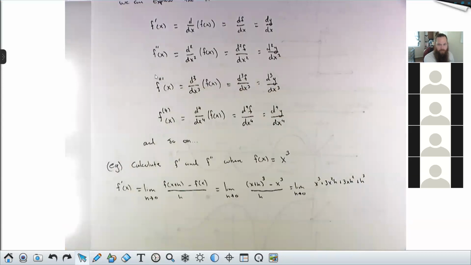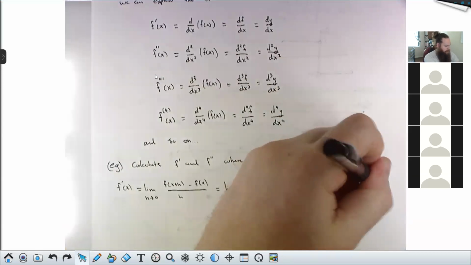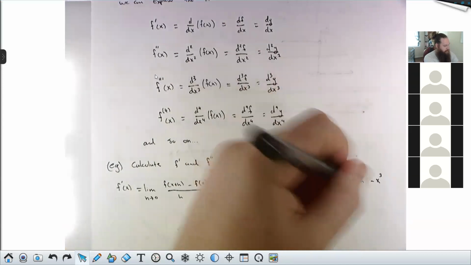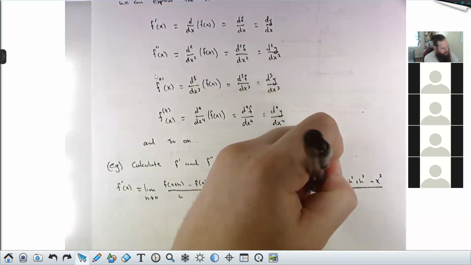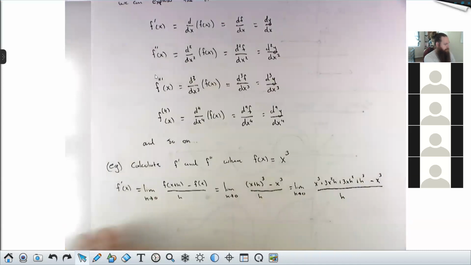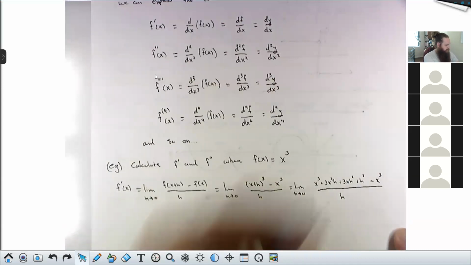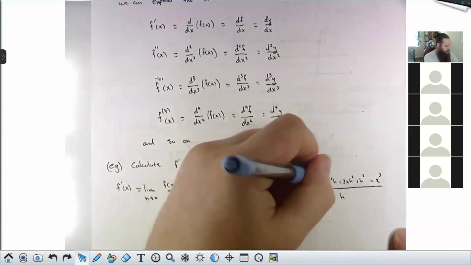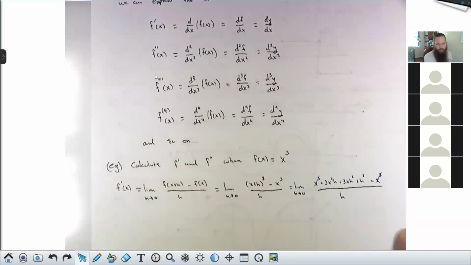I just happen to have that memorized, so I don't have to FOIL it all the way out every time. Minus x cubed all over h. And you see that the first and last terms here eat each other up.